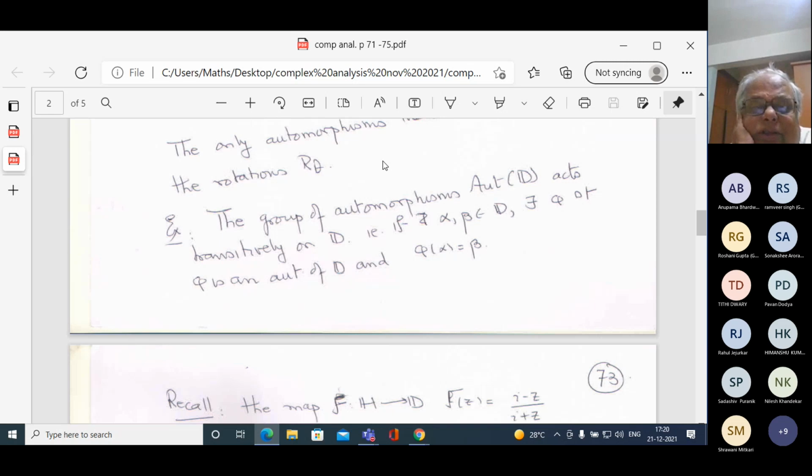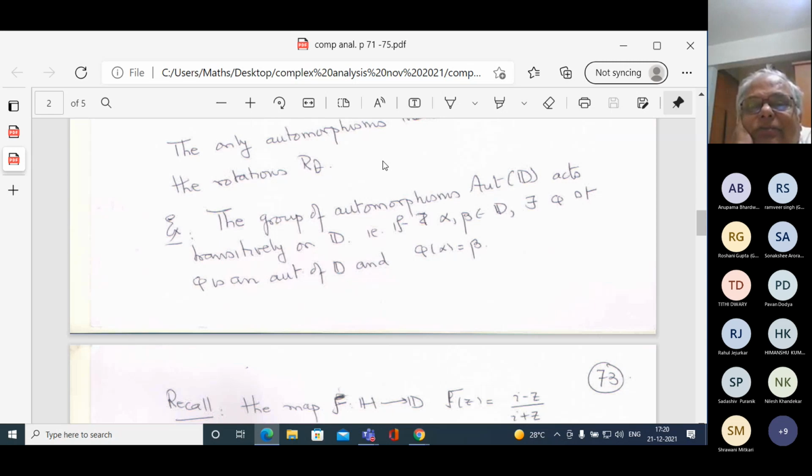I hope you understand that there's something going on here that is similar to, in fact the same as, what you have been doing in your algebra class. You have groups acting on sets, and you're worried about the orbit of that group.